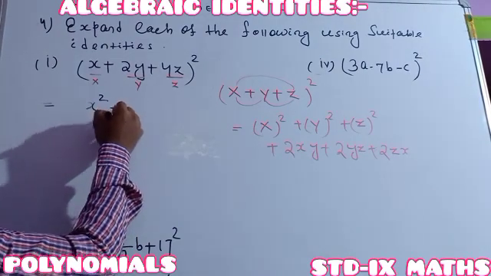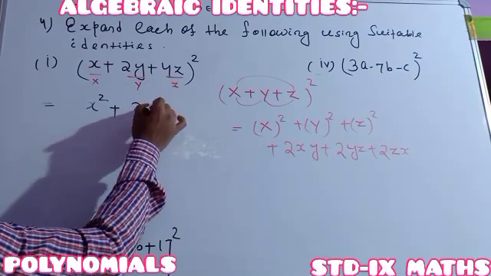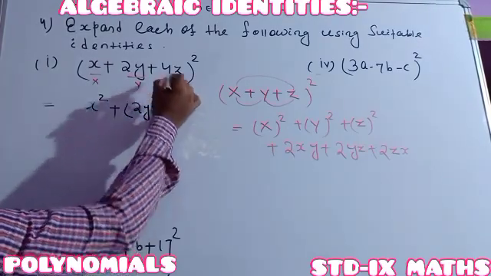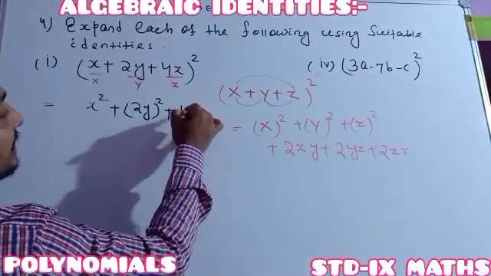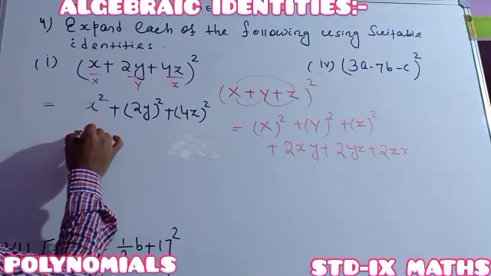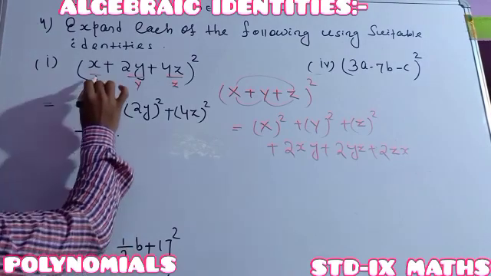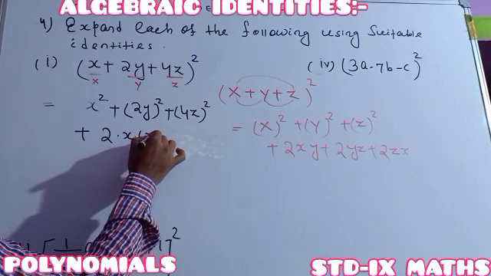Then second term square, 2y, but here the bracket is required, (2y) square. Then third term square, (4z) square. Then plus 2 into the product of the first with the second. First is x, second is 2y.